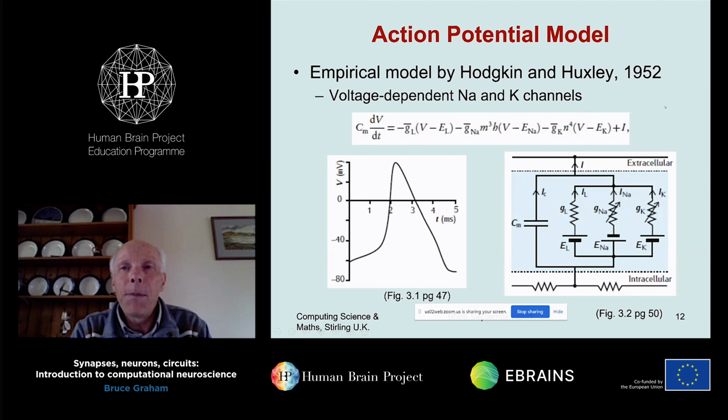Now, one of the most famous and most important results in computational neuroscience is this phenomenological model, essentially developed by Hodgkin and Huxley and colleagues back in the 1940s and 1950s.